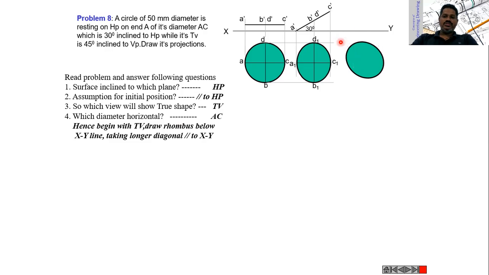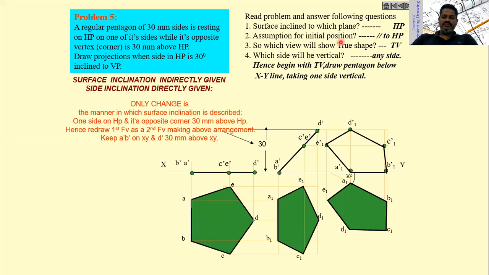Then we also saw in the previous problem, pentagonal surface, we have drawn the top view and front view, and one end of the pentagonal surface is at a certain height from the horizontal plane, and one edge of the pentagonal surface is making a certain angle with the vertical plane. With these two conditions, we have drawn the projections of the pentagonal surface.